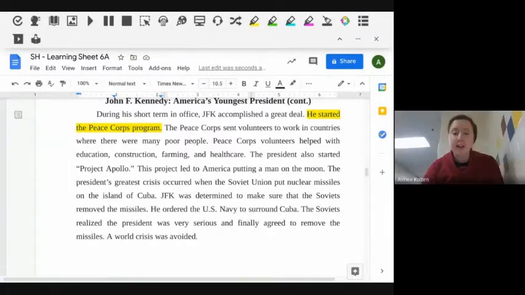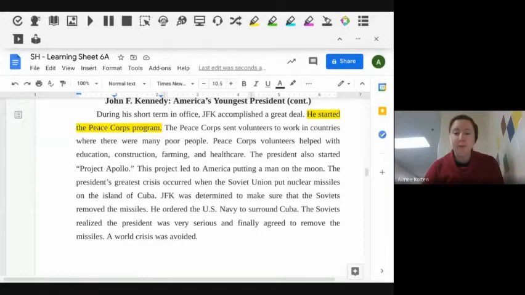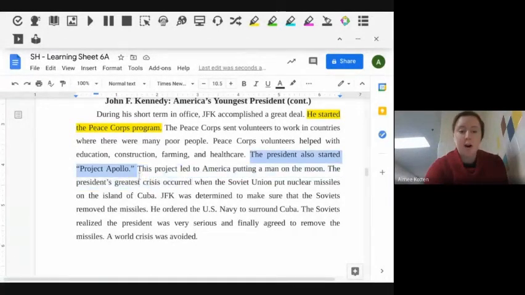So can we find another one? Oh, I know that he was president. How about another project that he started? Do you see one on there? No. How about the president also started Project Apollo?